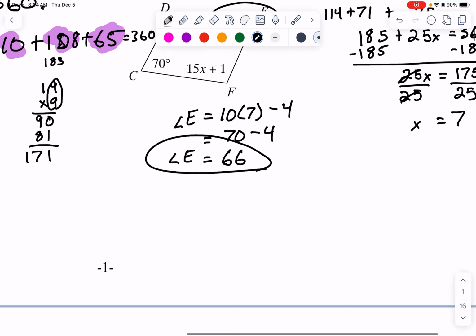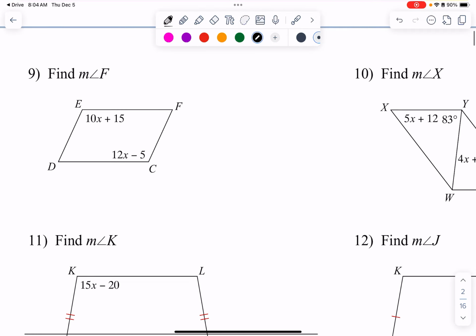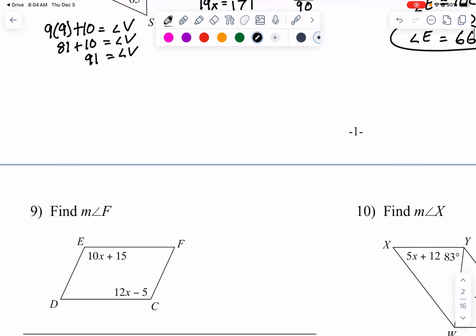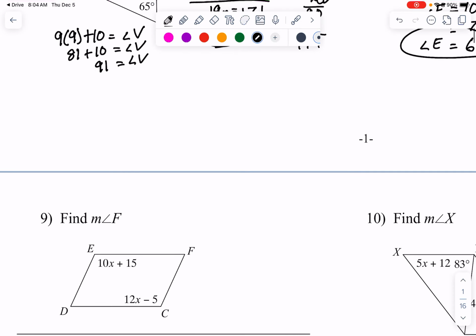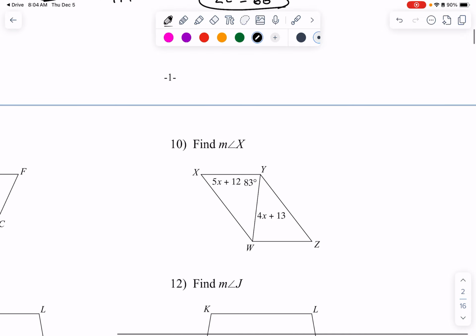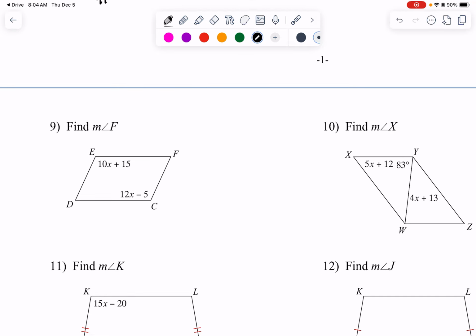Those were a little bit of the longer problems out of all these. Some of these are going to be somewhat shorter. But there's a lot of like indirect solving here. So for example, each of these next ones are going to be parallelograms. Does it say that they are? It doesn't say that they are, but these are parallelograms here.